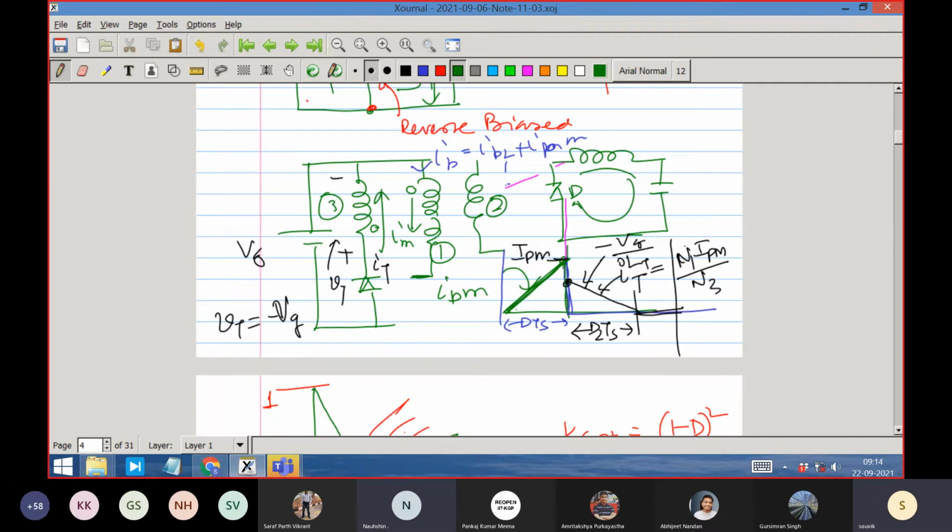The difference is that it doesn't have the burden of carrying load current as well as the magnetizing current. In the on time, it is carrying the magnetizing current and also the load current. So two currents are together in the primary in the on time, right?